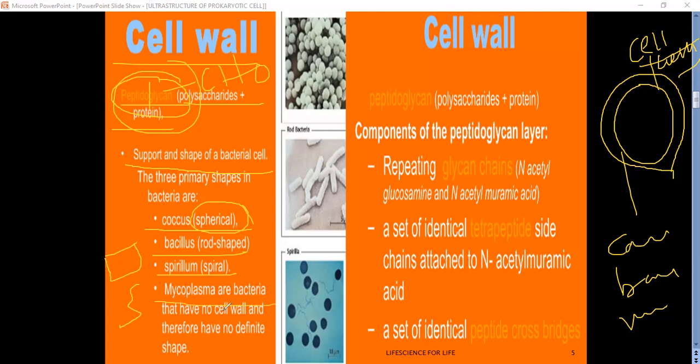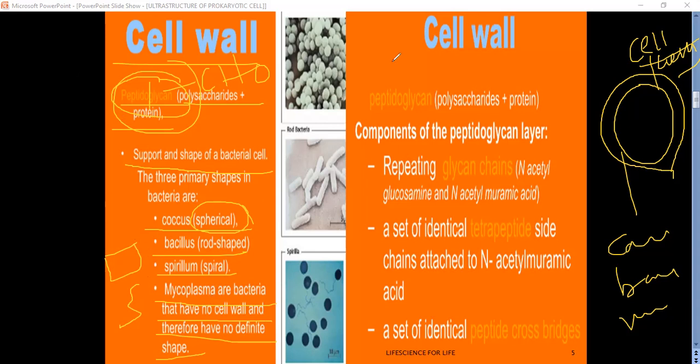And mycoplasmas are the bacteria that have no cell wall, therefore have no definite shape. They are the only prokaryotic bacteria which don't have any cell wall, and they are much smaller than other bacteria. These are also called pleuropneumonia-like organisms.